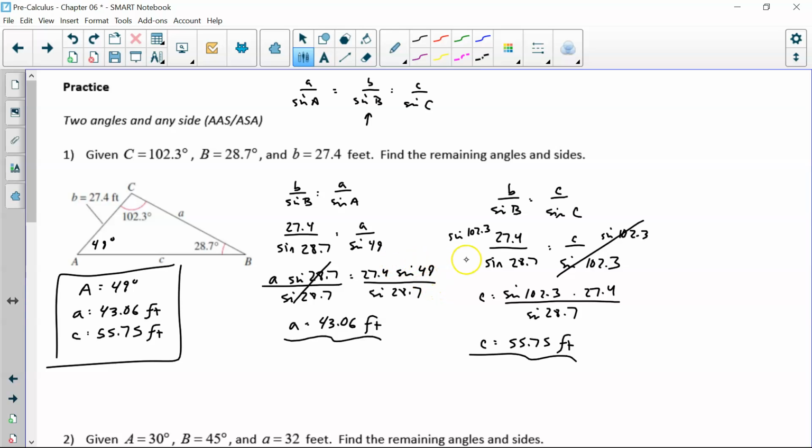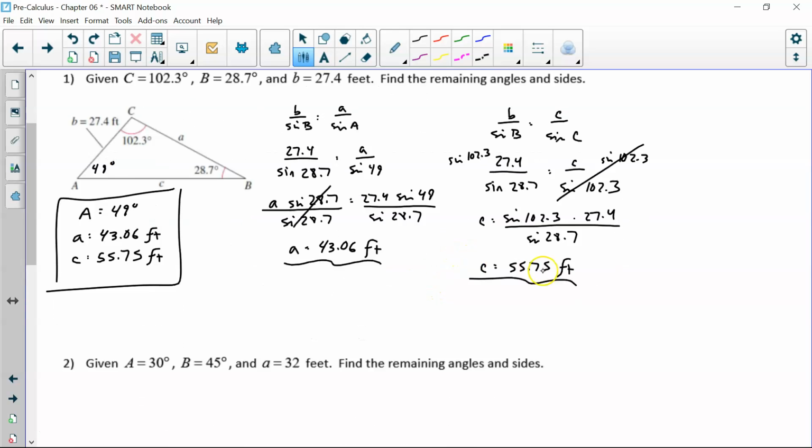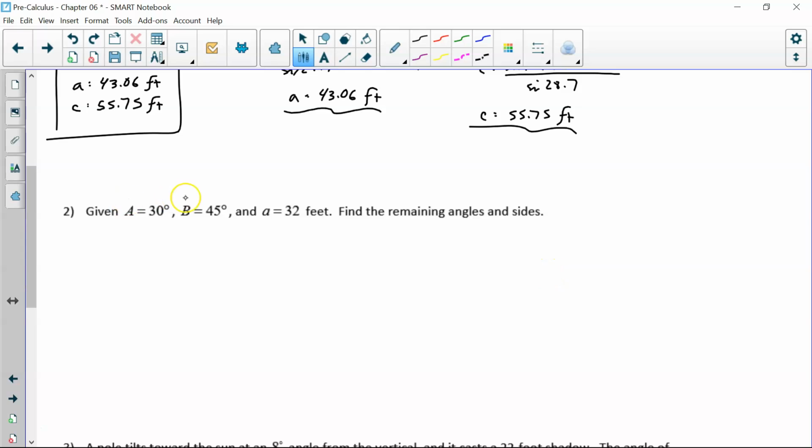All right, let's go to problem number 2. So let's draw, we have side A, angle A is 30, angle B is 45. So this is going to be an obtuse triangle. So here we're going to label this as A. This is 30 degrees. B, we'll label this as 45 degrees.